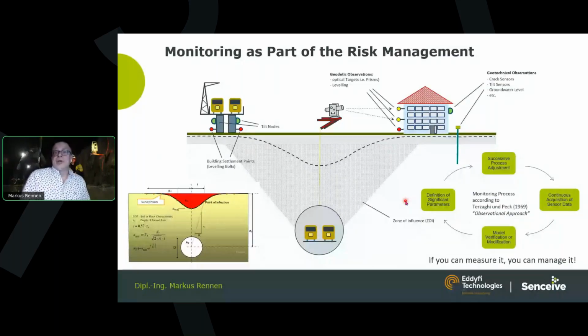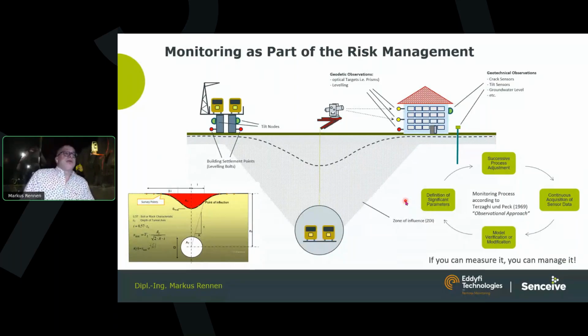This model is checked by continuous acquisition of sensor data. This data is used for verification or modification of the model, and new parameters are defined so that we can continuously renew the monitoring scheme.